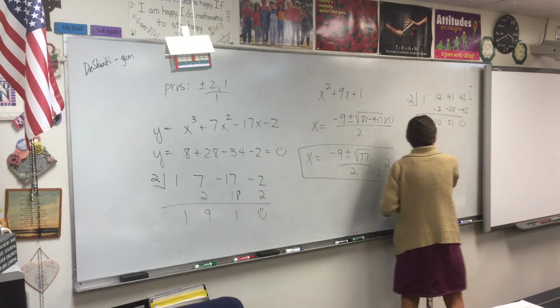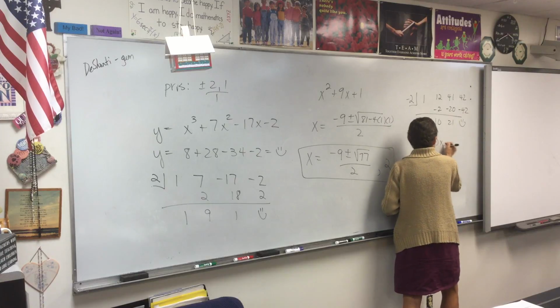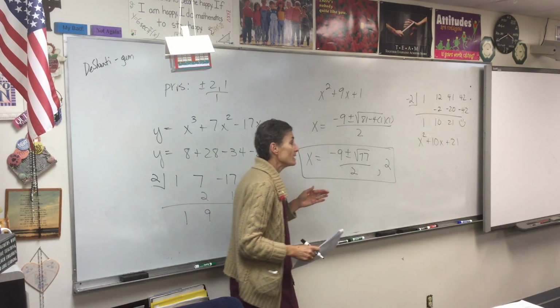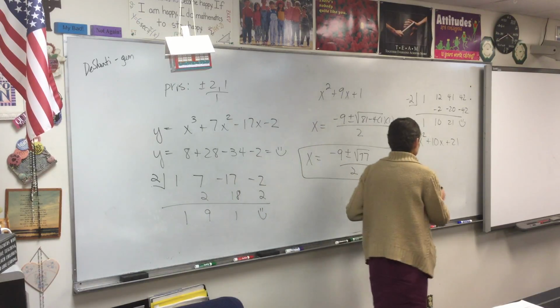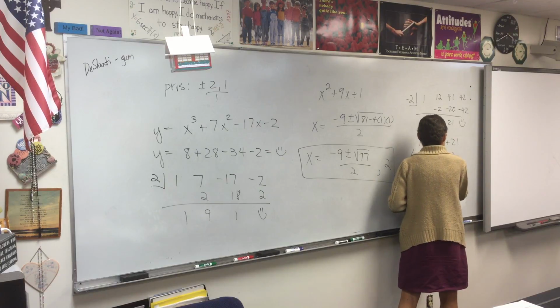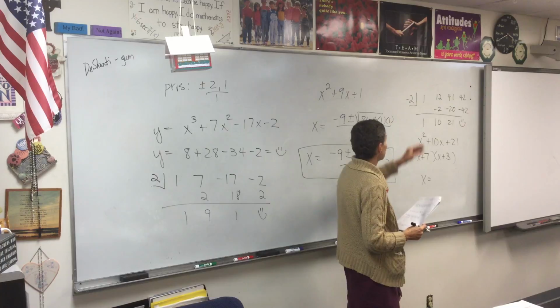Now what's left? X squared plus 10x plus 21. Now what are we supposed to do with that? Factor it if it factors. I think this one does, doesn't it? 7 and 3. So what are the other 2 roots?